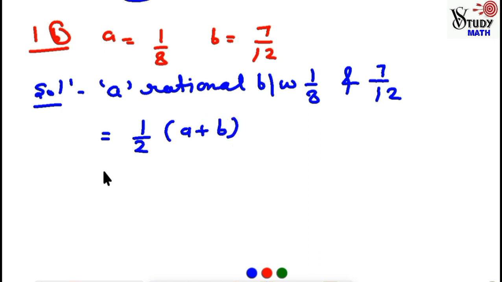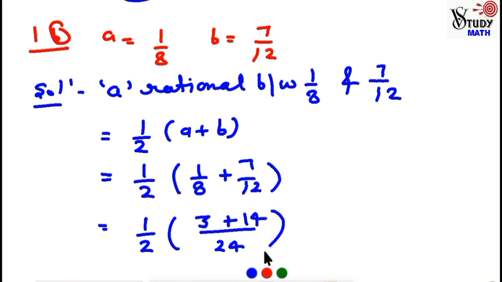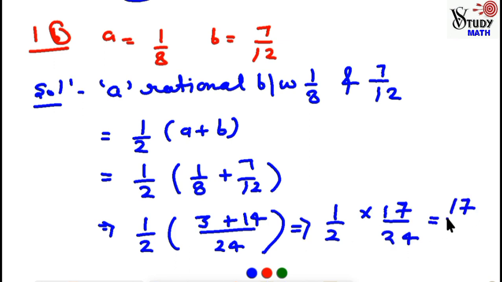Second, 1 by 2 times (1 by 8 plus 7 by 12). Third, 1 by 2 and the LCM of these is 24. 8 threes are 24, so 3 and 2 multiplied by 7 becomes 14. So now what is the final value we have? We have 1 by 2 times 17 upon 24. So now multiplying them, 17 upon 48 will be the answer of this question.